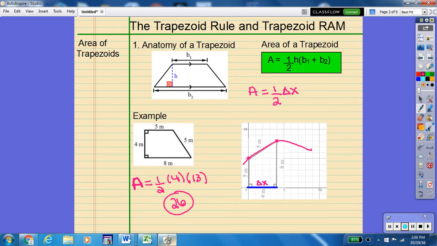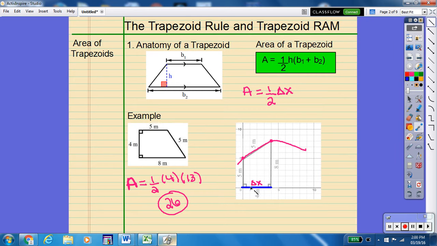Now the next thing that happens is the bases. Well, the bases are now given by the heights almost. Okay, there's one, and here's the other one. So it's not going to be quite perfect, but you can kind of get the visual there.